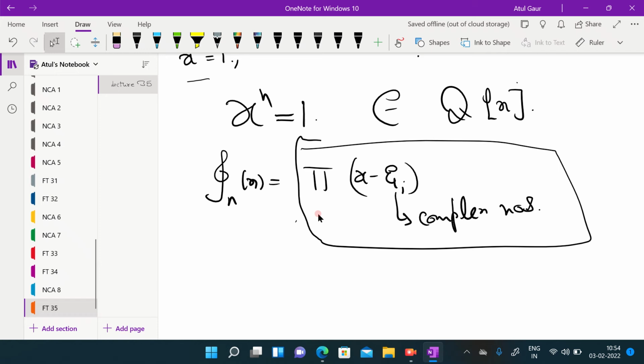And then further we will see that this nth cyclotomic polynomial will be an irreducible polynomial over the field of rationals. That's what we will see. And see one more thing. This Z is a principal ideal domain, right? With quotient field Q. So that means Z[x] is inert in Q[x], right?